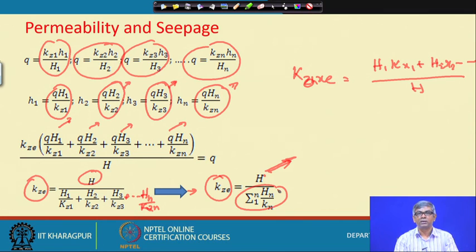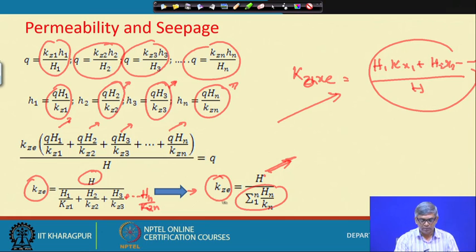From there we can find the equivalent permeability of multiple layers with different permeabilities kx1, kx2, kx3, or kv1, kv2, kv3. For flow parallel to the bedding plane, the equivalent permeability equation is this, and when the flow is perpendicular to the bedding plane, this value can be used.